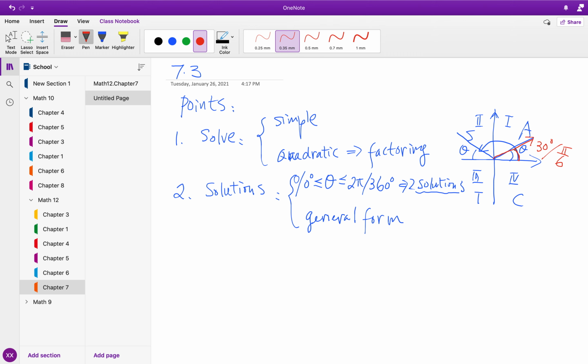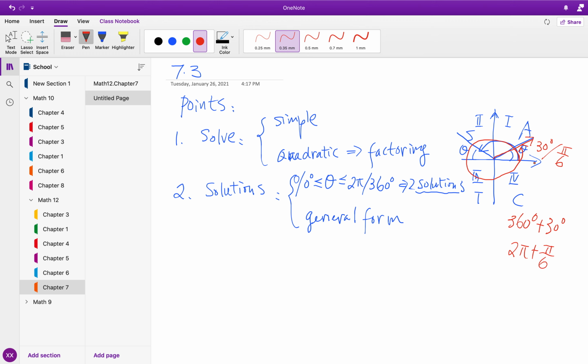But if this angle turns to here and then turns again here, then your angle now will be 360 degrees plus your 30 degrees. Or another way to say it is 2 pi plus pi over 6.